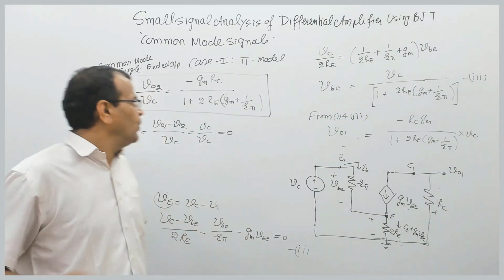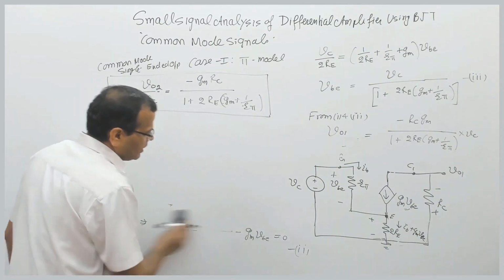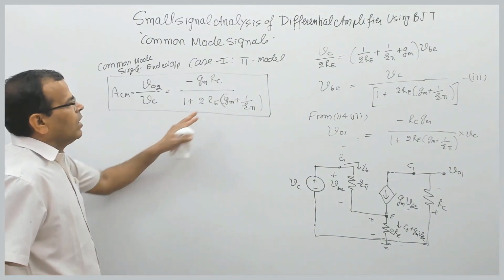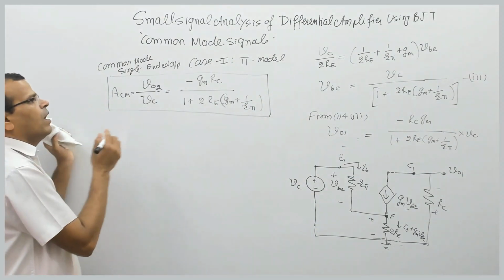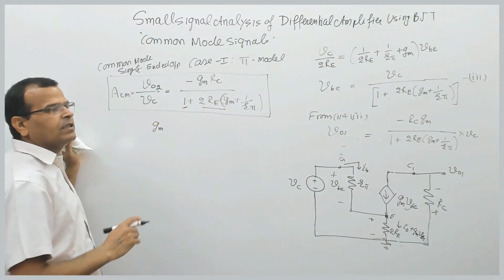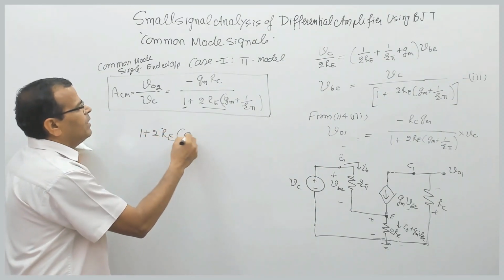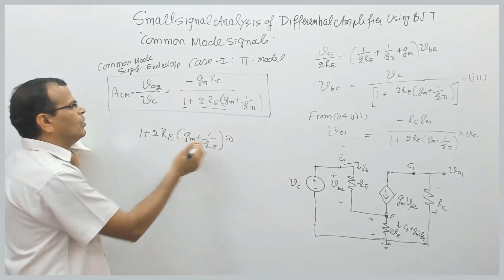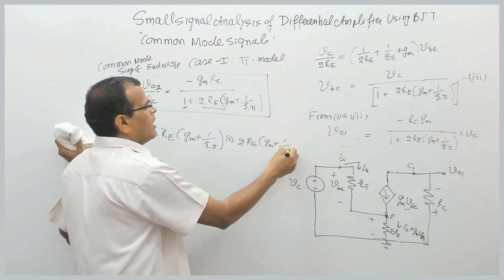Fine. But there are some approximations here. What are the approximations? In this case, you can use some approximations. This factor is much greater than 1, so 1 plus twice Re into Gm plus 1 by R pi is approximately equal to 2 Re into Gm plus 1 by R pi.